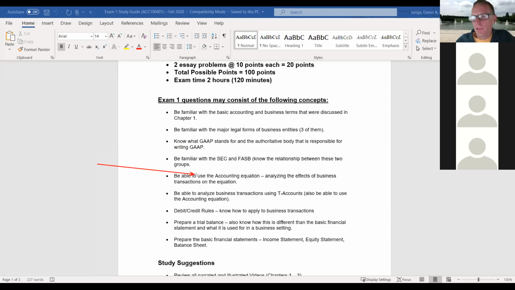But really, chapter 2 and chapter 3, and today, if there are any questions, I want to go back and show you guys as I go through some of these problems how the accounting equation is still in effect. But notice T accounts, the debit and credit rules, know about the trial balance, how to prepare a trial balance, and then there are those 3 basic financial statements.